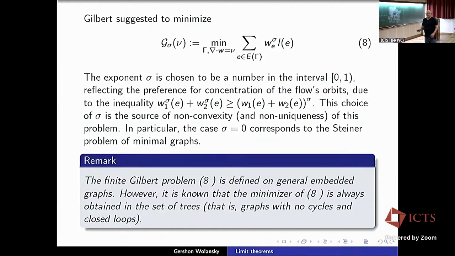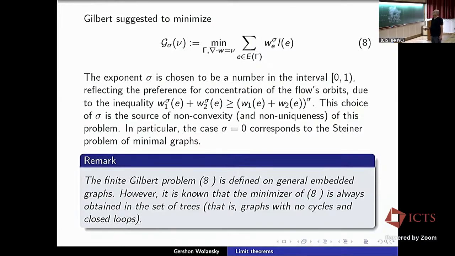So this is a problem. It's a terrible problem. We should look for all graphs on the domain in our R^n, for example, which minimize over all fluxes W on the edges of the graph which satisfy this condition.